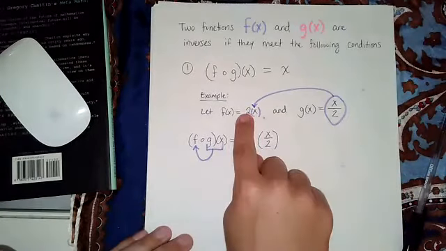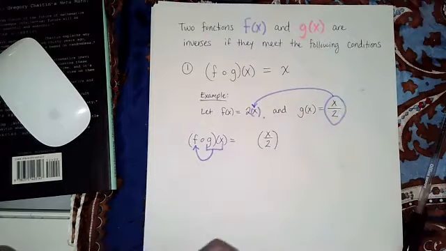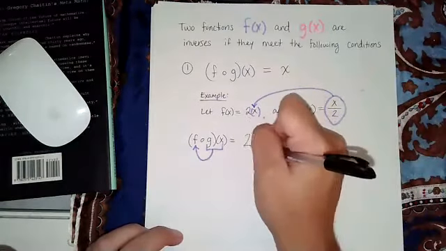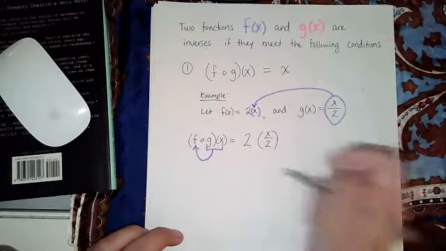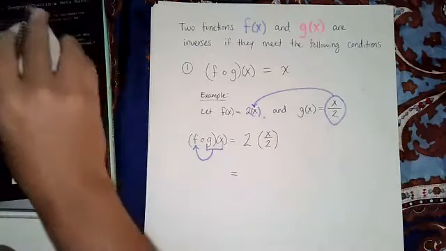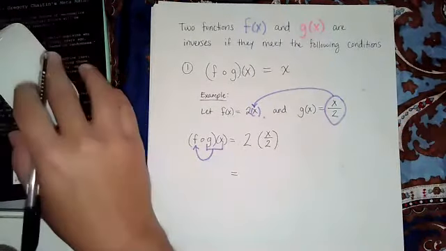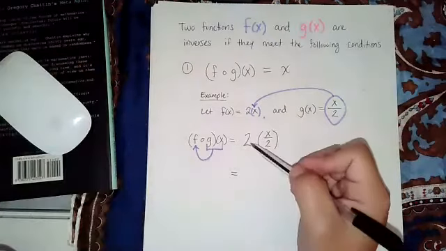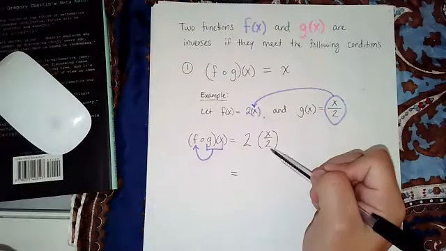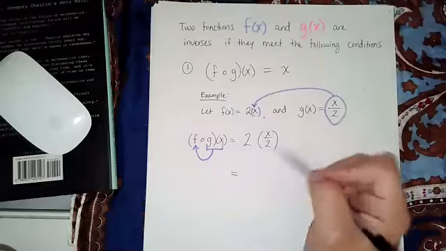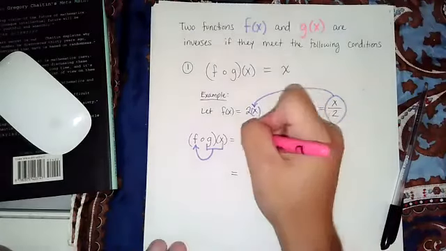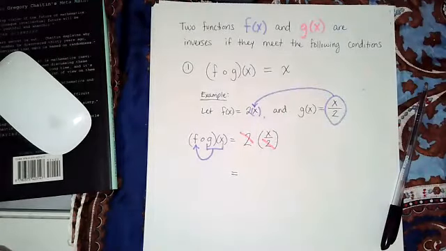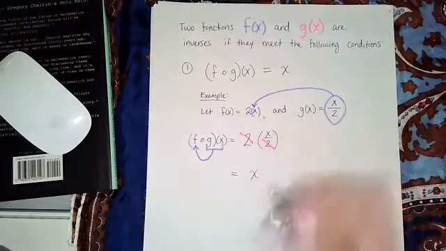well, then I would have 2 times this guy. But if I were to simplify this further, 2 divided by 2 would cancel out, and I would just be left with x.